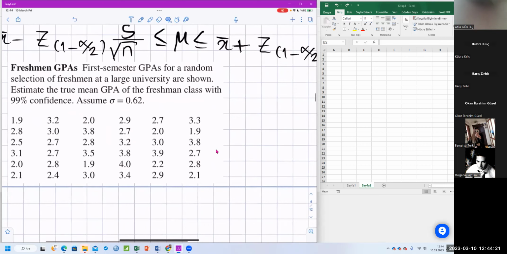Look, freshman GPAs, first semester GPAs for a random selection of freshmen at a large university are shown below. Estimate the true mean GPA of the freshman class with 99% confidence and assume... I'm going to delete this.